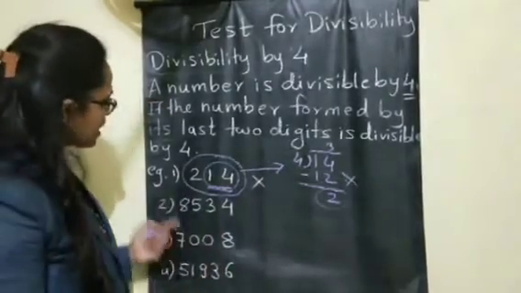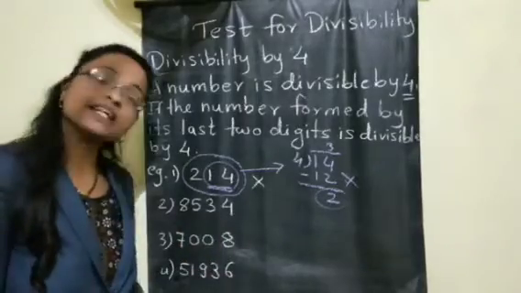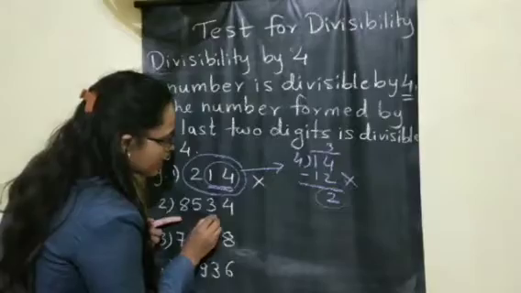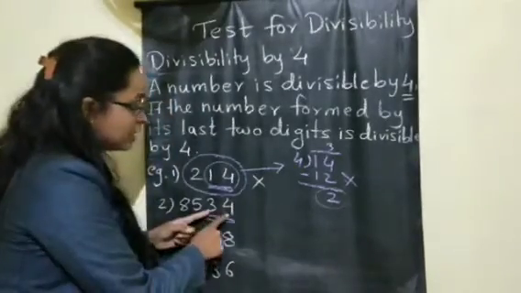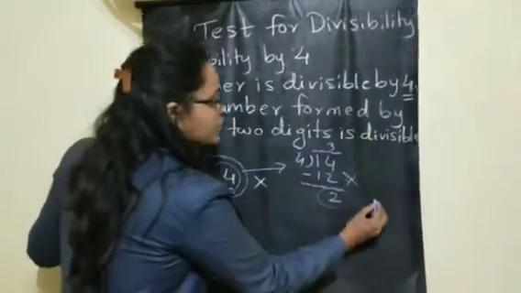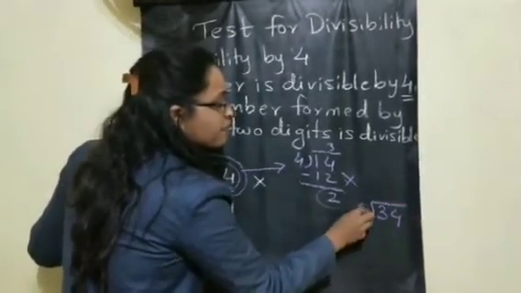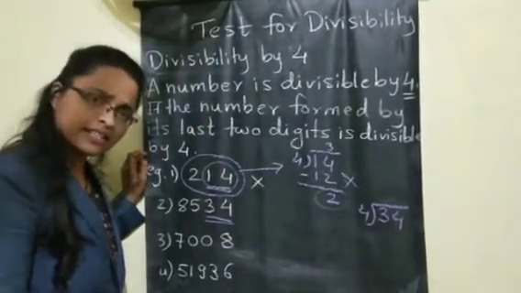Okay, let us check now second example. 8,534. From this also, first choose or select only this 2-digit number, last 2-digit number. That is 34. So let us divide 34 and check whether it can be divided by 4 or not. In 4 table, 34 is present, children?